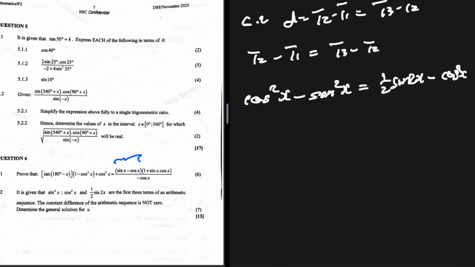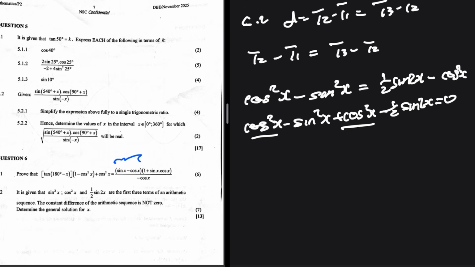So that means we're going to have cos squared x minus sine squared x plus cos squared x minus 1 over 2 sine 2x being equal to 0. So cos squared x plus cos squared x will give us 2 cos squared x.